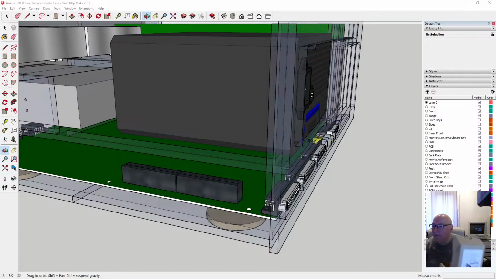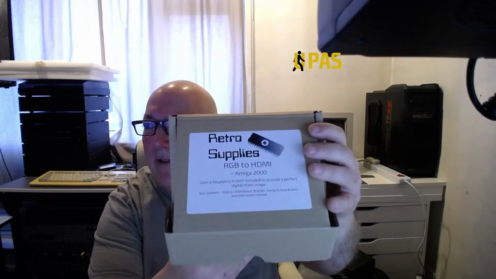Right, I've got it. This came from Retro Supplies. RGB to HDMI. Right, so this is the one. It's got to have some kind of Raspberry Pi attached to it. Raspberry Pi Zero. Anyway, let's have a look at it. I've had these for a while, so they've ultimately got to go in there.